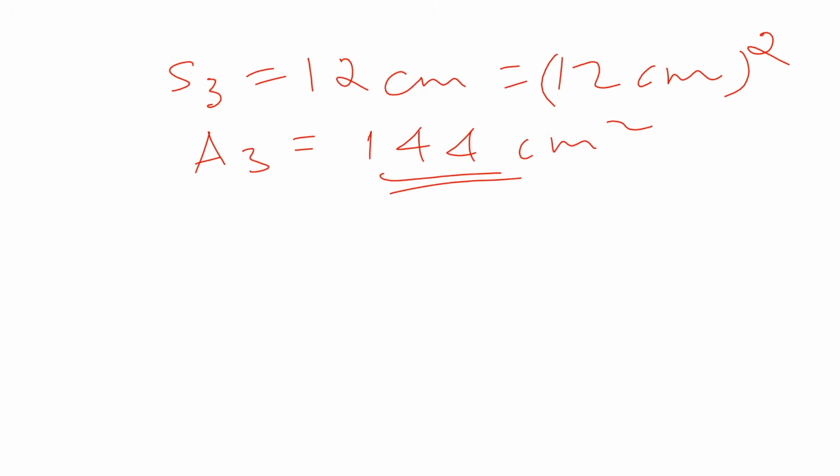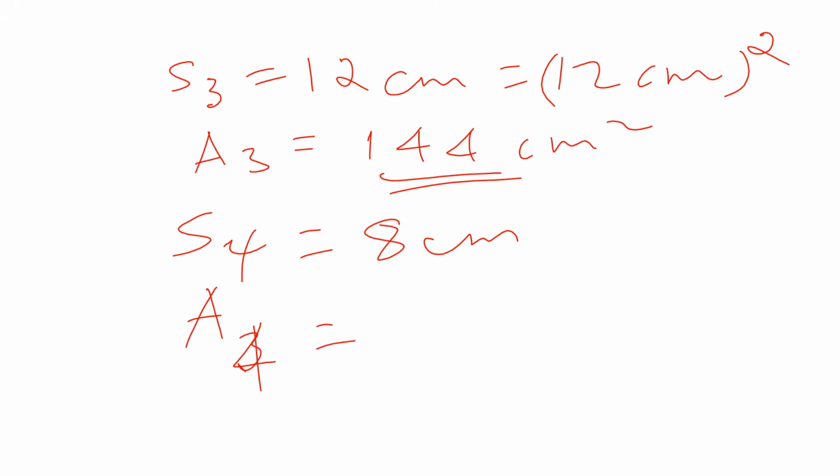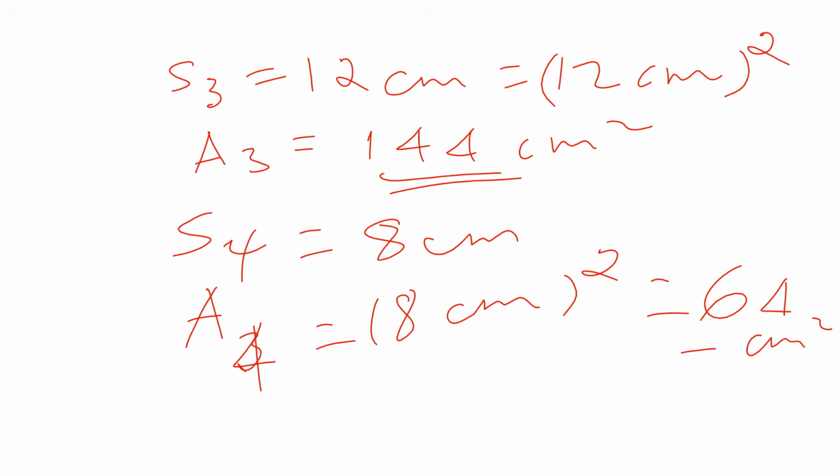This is the area of square 3. Then for square 4, the side length is 8 centimeters. Therefore, area 4 equals 8 squared, which is 64 centimeter square. This is the area of square 4.